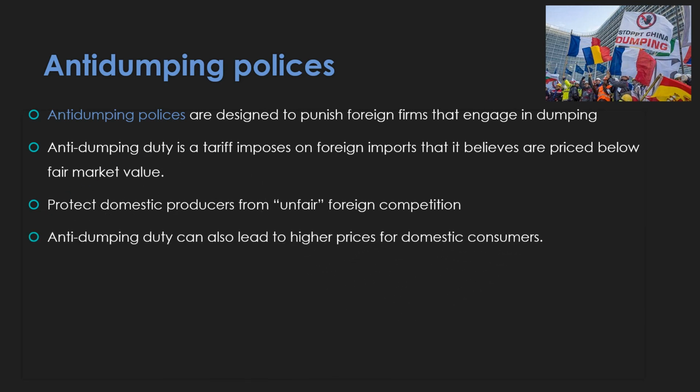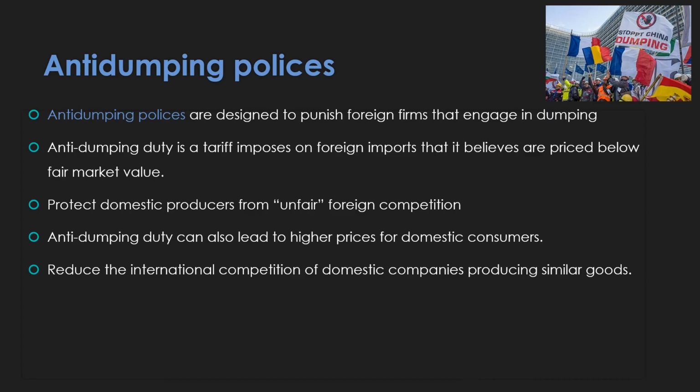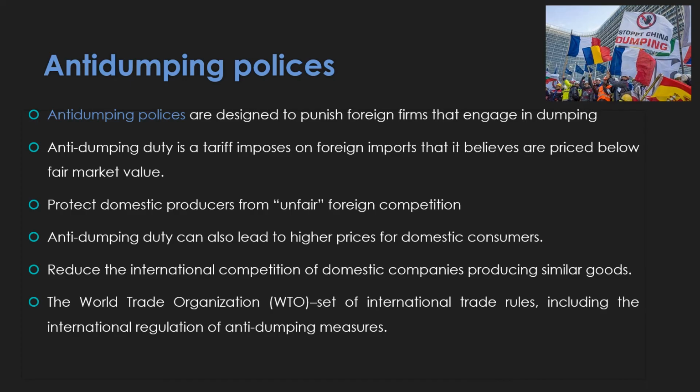While the intention of anti-dumping duty is to save domestic jobs, these tariffs can also lead to higher prices for domestic consumers. In the long run, anti-dumping duties can reduce the international competitiveness of domestic companies producing similar goods. Therefore, the World Trade Organization, which deals with the rules of trade between nations, has created anti-dumping measures to protect international businesses.